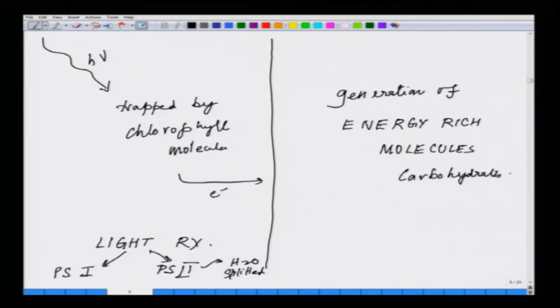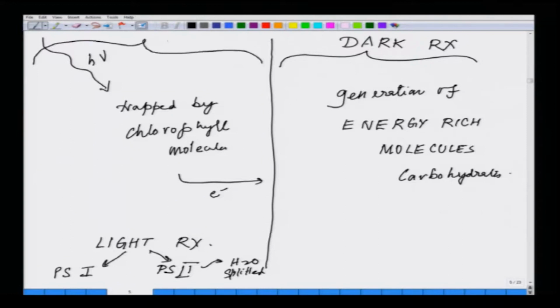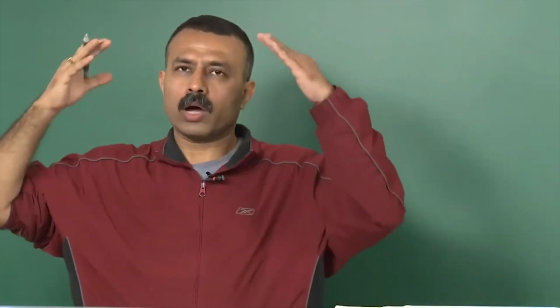This part falls under something called dark reaction. It is not dependent on sunlight as such. This part falls under light reaction, which is essentially dependent on sunlight. If there is no sunlight, the light reaction won't proceed any further. Okay. So under the broad umbrella of photosynthesis, you have light reaction and dark reaction.